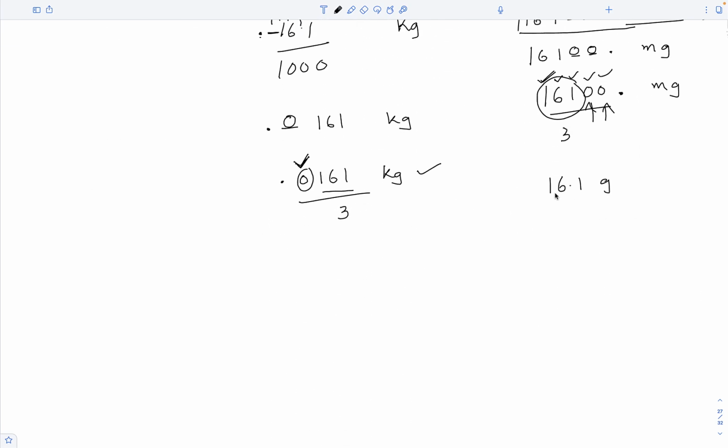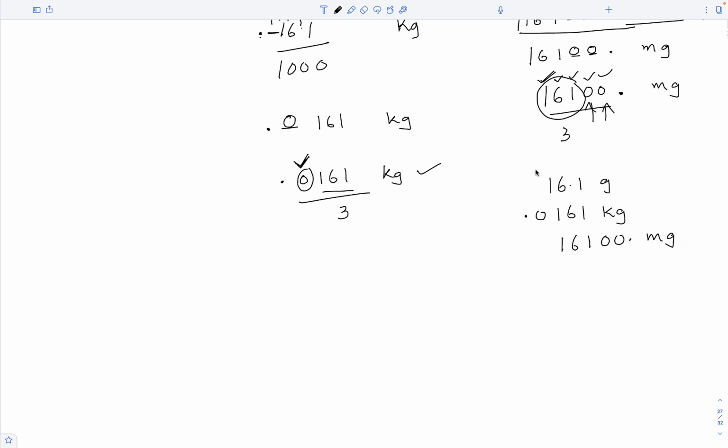And when we converted it into kilograms, we obtained a value of 0.0161. And when we converted it into milligrams, we obtained a value of 16100 milligrams. Now, though these values have different number of digits, they all have the same number of significant figures.